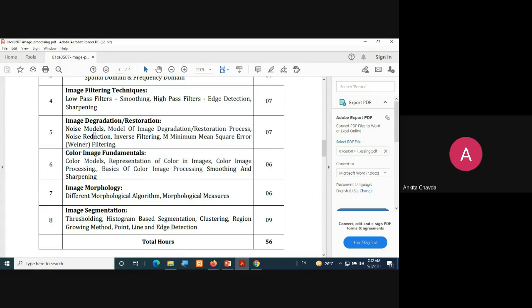Mean filter, arithmetic mean filter, geometric mean filter, then harmonic filter, contra harmonic mean filter, midpoint filter, alpha trimmed filter. These were the linear filters, and in the non-linear filters, the statistic order filters, we have seen max, min, median, and the other adaptive filters also.